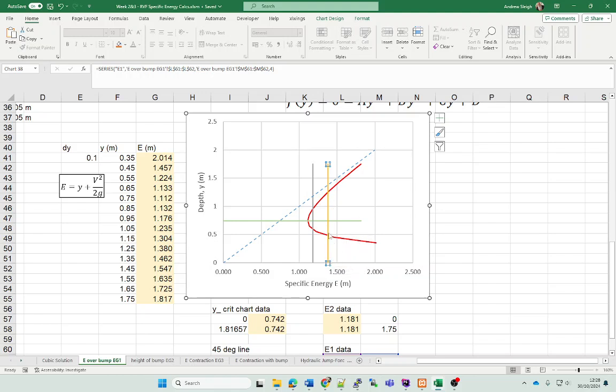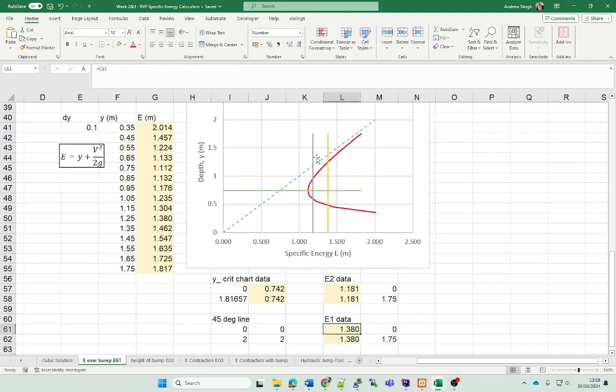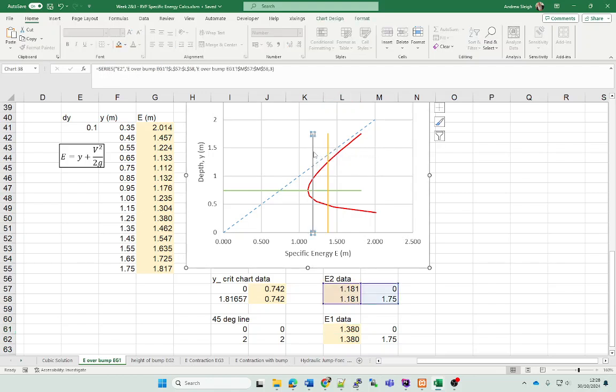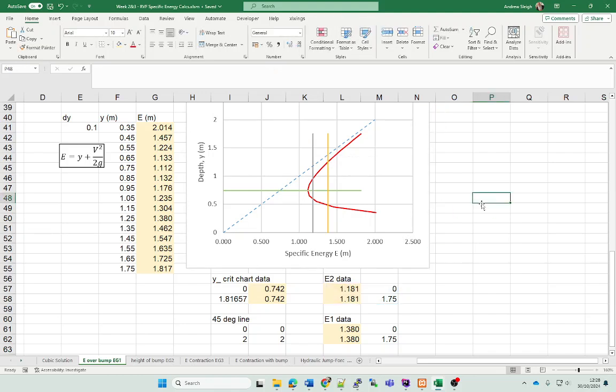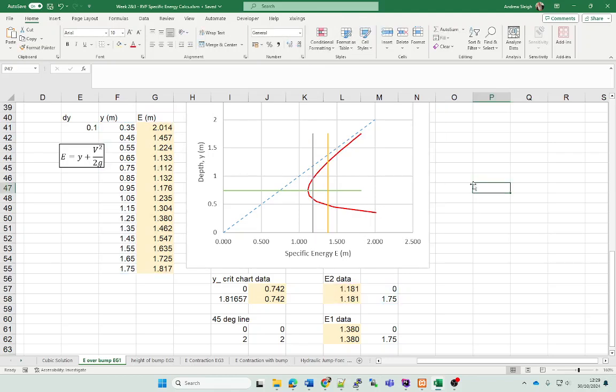We don't actually use either of those two solutions apart from the value of energy. Where's the height of the bump? Well, it's the difference between these two energy values. Sorry, it's the vertical distance between these two points on the graph.